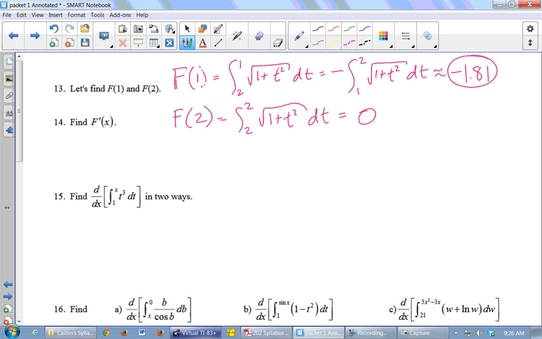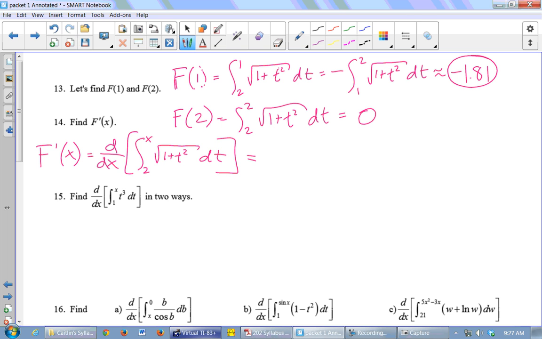All right, so if I want to find f prime of x, that would be d dx of the integral from 2 to x of radical 1 plus t squared dt. So I'm taking the derivative of an antiderivative, right? So it's going to be the function itself.